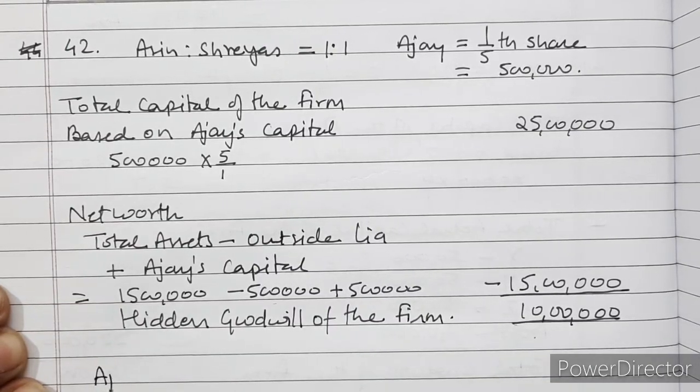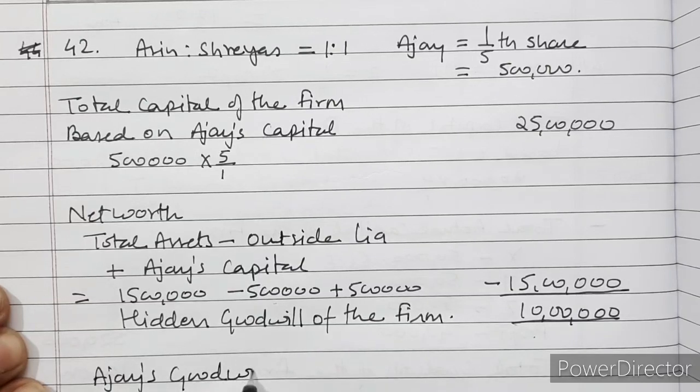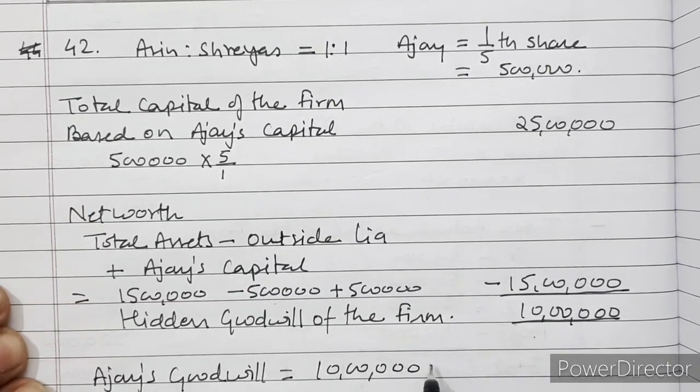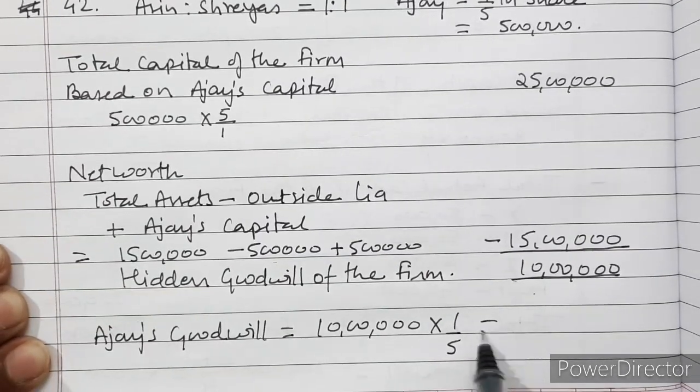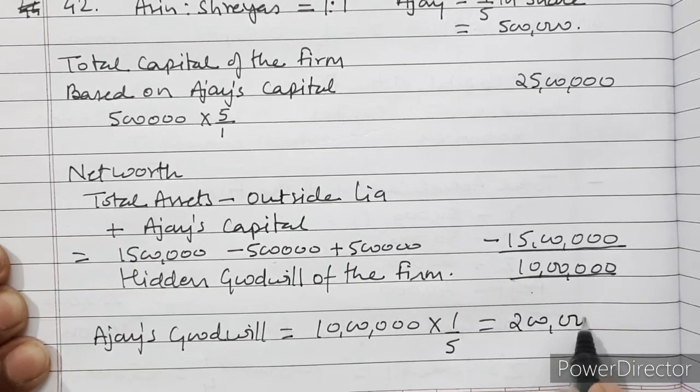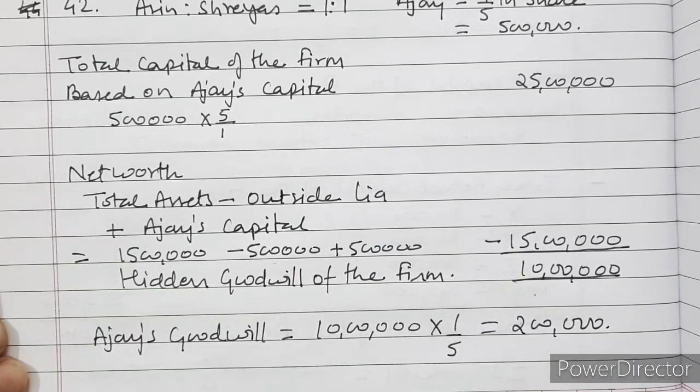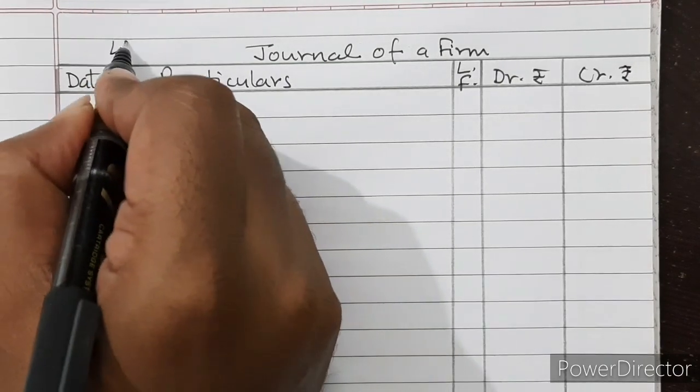So Ajay's goodwill is equal to 10 lakh into his portion of profit, that is 1/5. So it will be rupees 2 lakh. That is Ajay's goodwill. Now let us see the journal entry for question number 42.